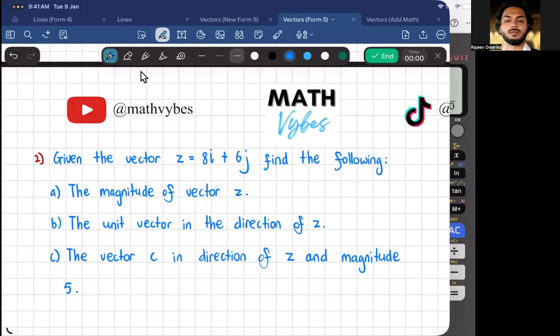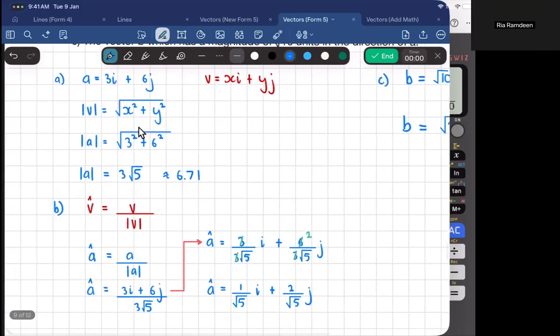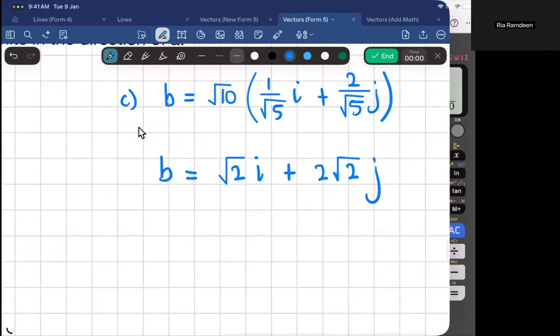Oh, Ria, I see the problem for the last question. When we are finding the new vector, we aren't finding a value, we're finding a vector. And so your final answer should have i and j in it.